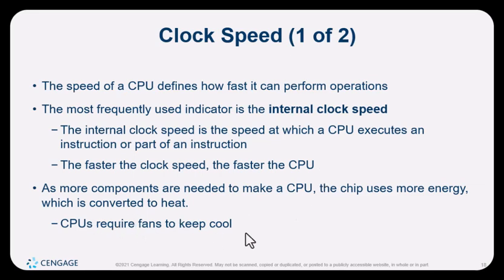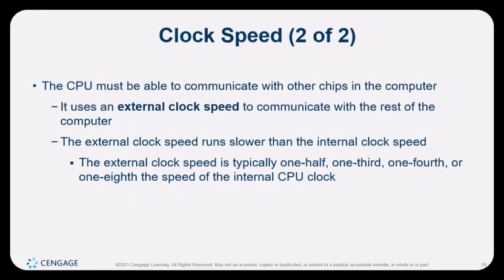Now we have fans to keep it cool, but if you heat it up too much, the fans can't keep up with it, and eventually it just maxes out and will fail on you. So you'll have more crashes, for example, if you overclock your system. By the way, gamers love to overclock systems, but again, it's a very fine line when you go too far.